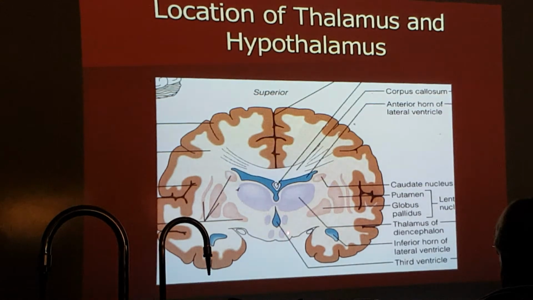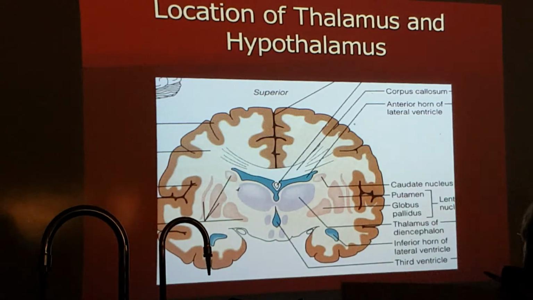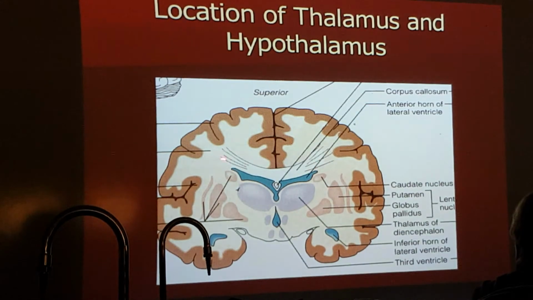This down here is hypothalamus. And over here we see slicing through the basal nuclei, the caudate nucleus and the lentiform nucleus. And corpus callosum.